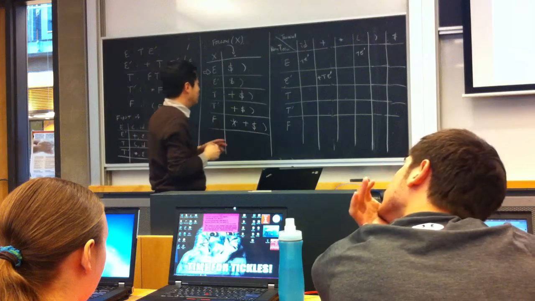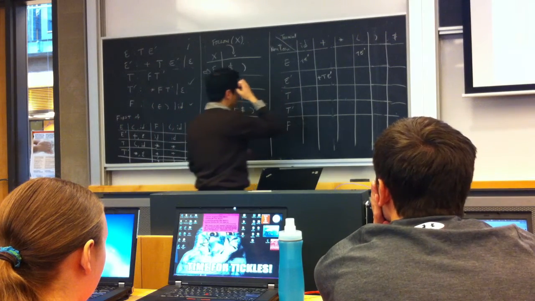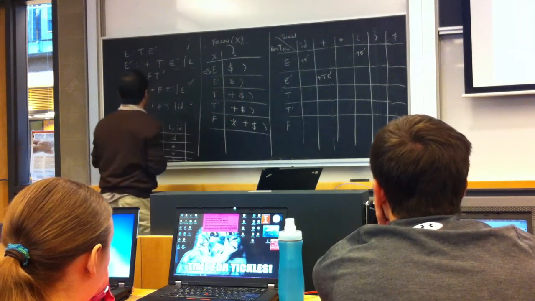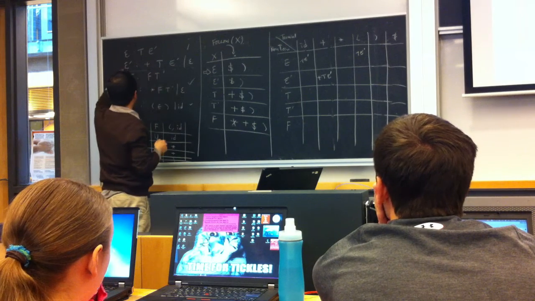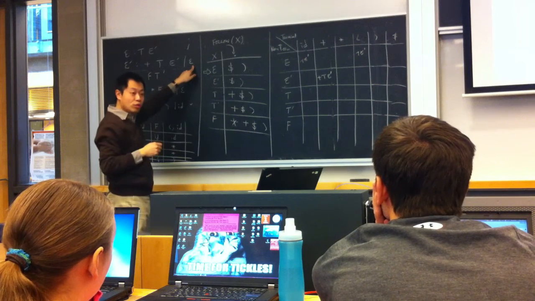Okay. So now, calculating the parse table, going to this one. E prime can produce the empty string.